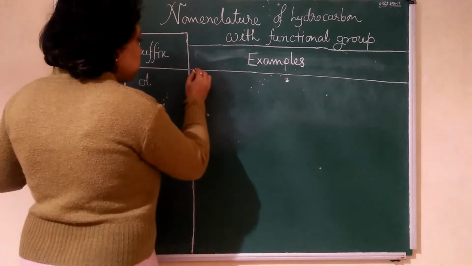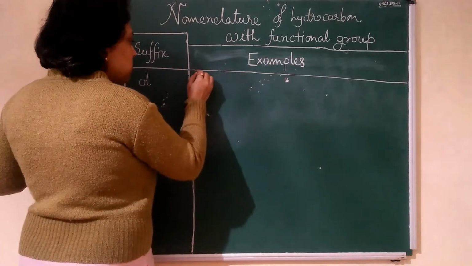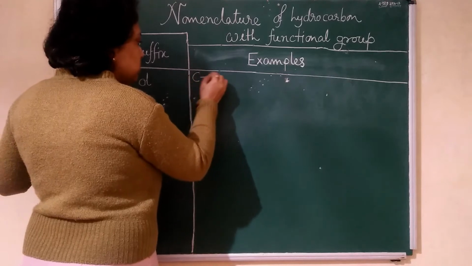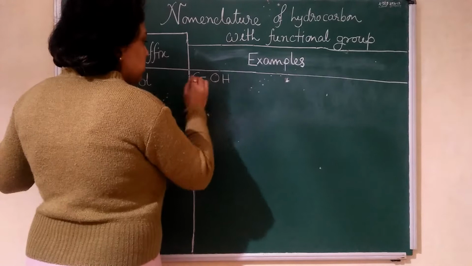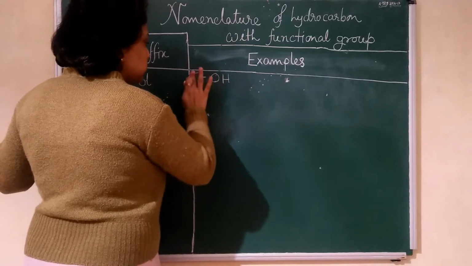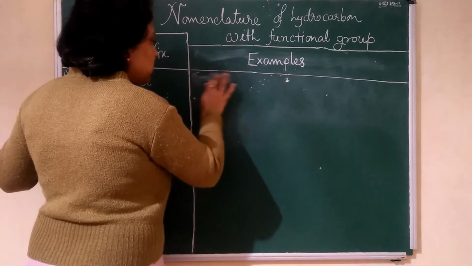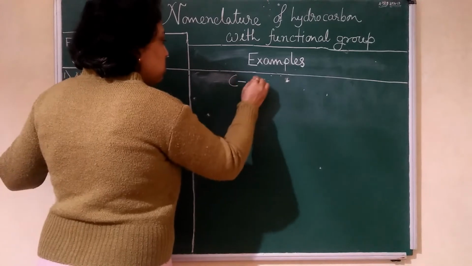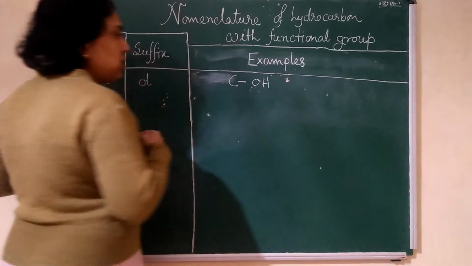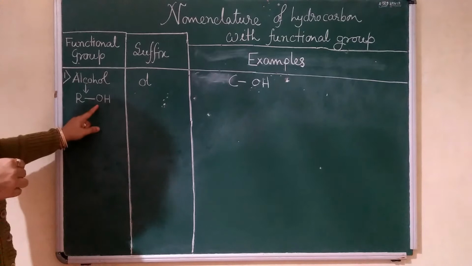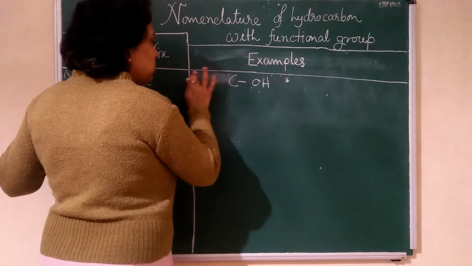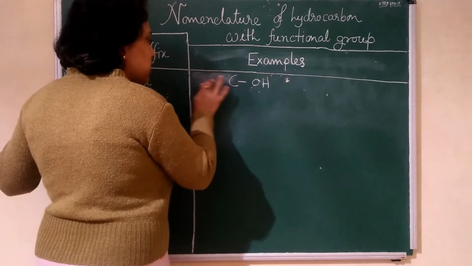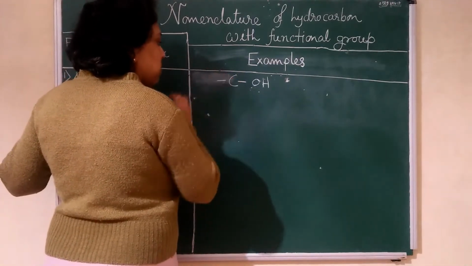For example, if it is one carbon, one carbon and one hand is the OH group. Now you have to satisfy the hands according to the rule we have done, the tetravalency property of carbon.